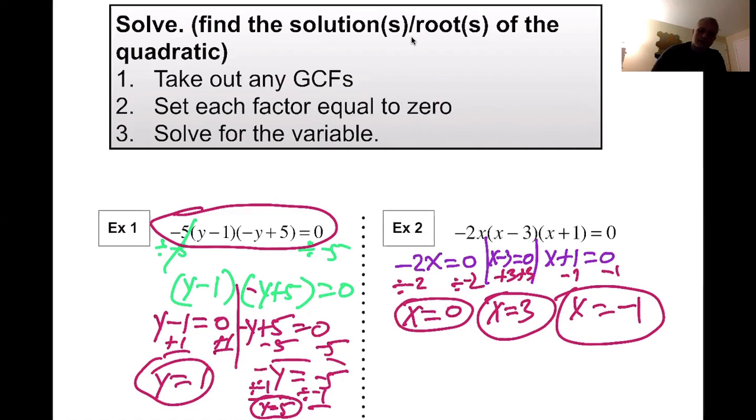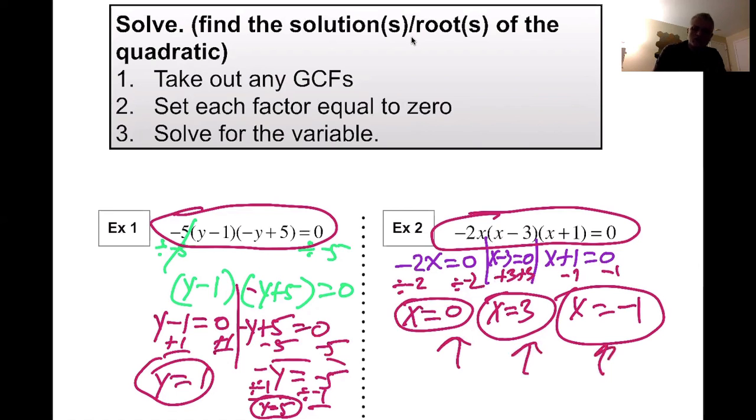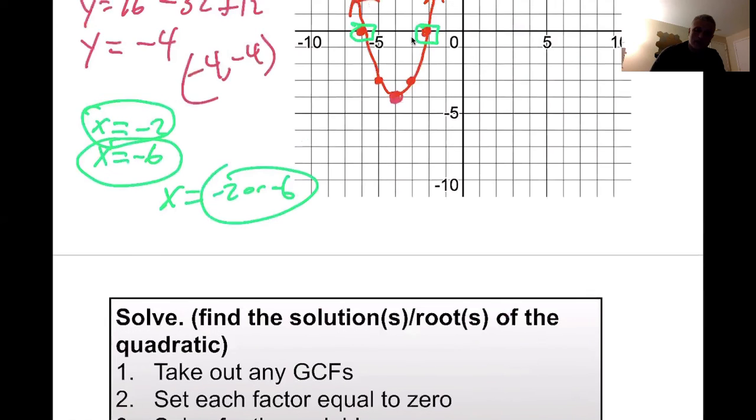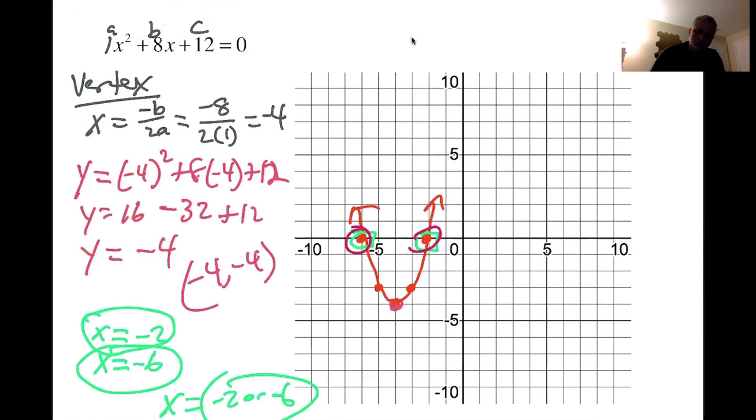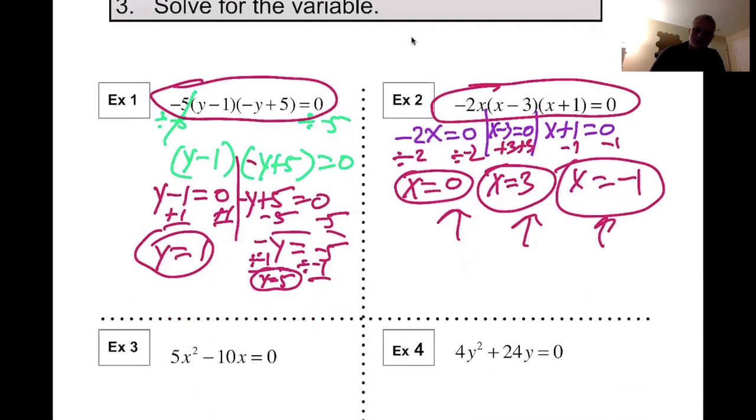Okay. And guess what? If I put this in my calculator and graphed it, if I put it in the grapher, I would literally see those 3 roots like we had up here with these 2 roots. Okay. I would literally see the x-axis being intercepted at 0 and -1 and 3.